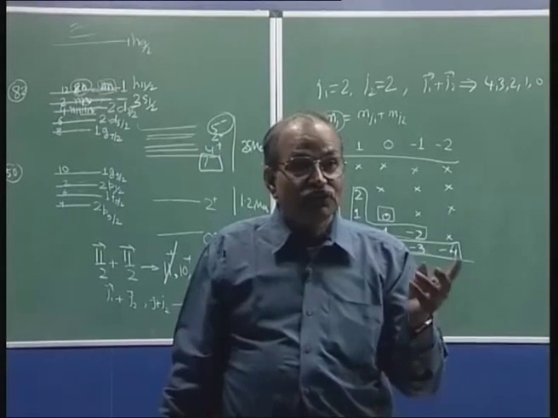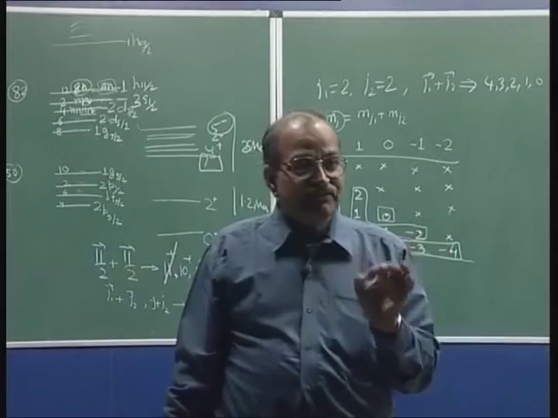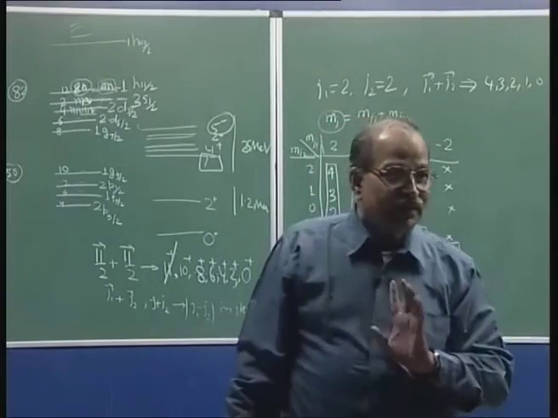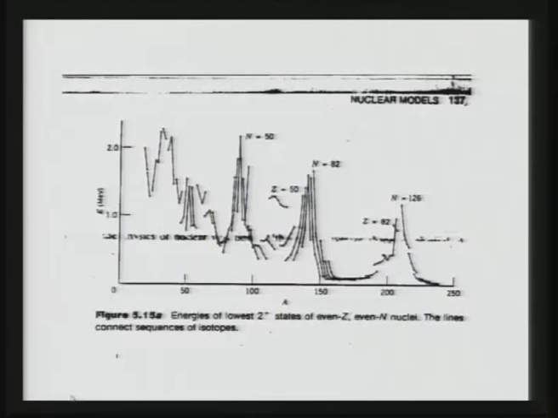I will show you two systematics on the screen for these even nuclei, and you see what it is. This figure is taken from that Crane book, and it shows you on the y axis side, it is energy of that first excited state, which is 2 plus.